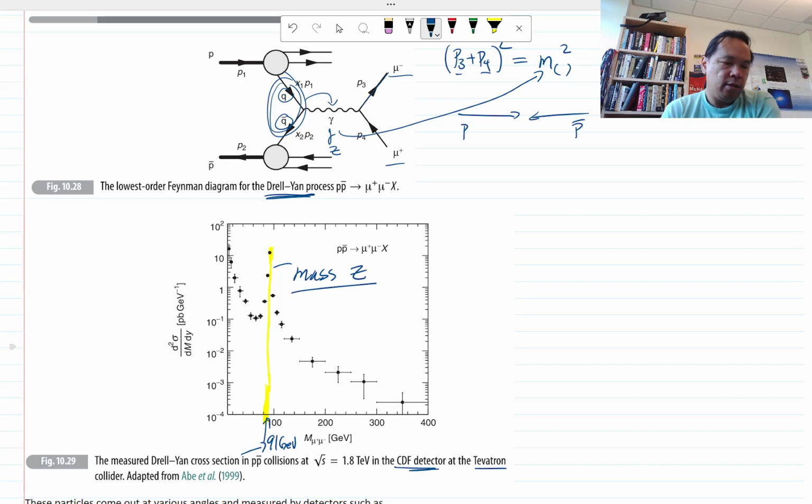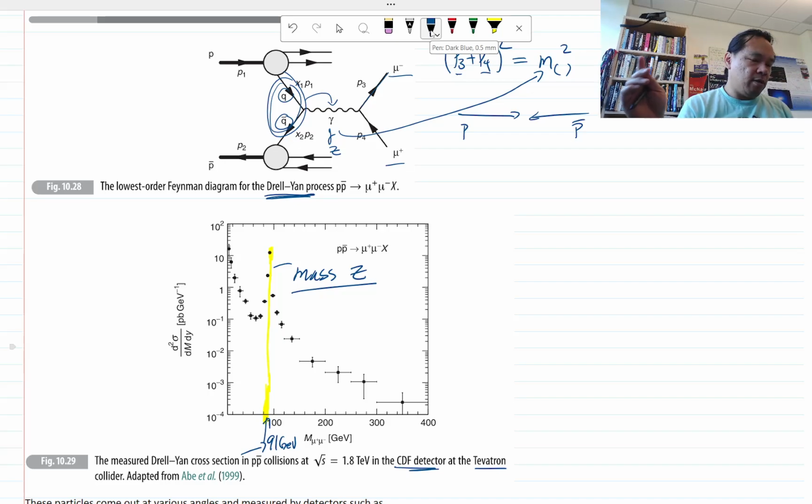This is how a lot of particle physics searches go: you find a particular process, and then you try to figure out what its invariant mass is. Because a lot of times when you collide things together, you're in a different Lorentz frame from the lab frame. So this collision can be happening in this direction or this direction.